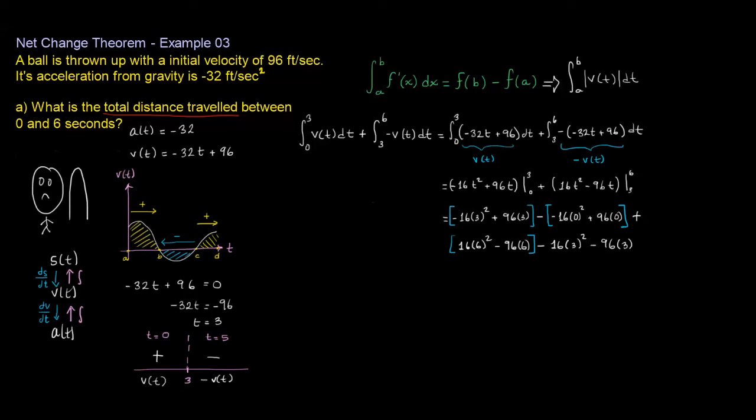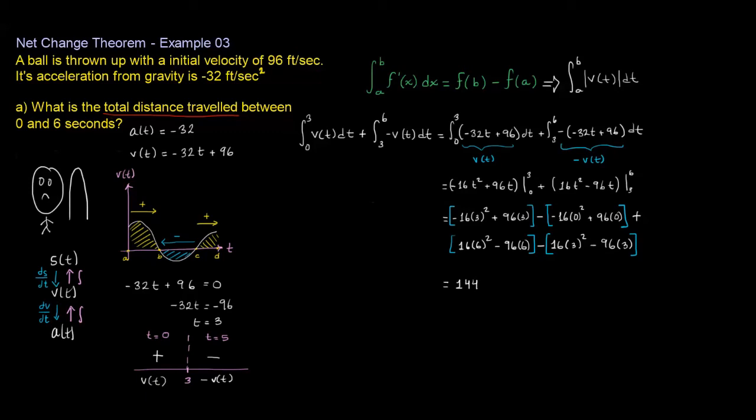Now the solution for all this using a calculator: the first term is equal to 288 minus 144, which is equal to 144.